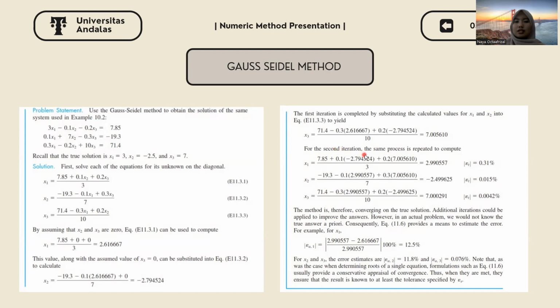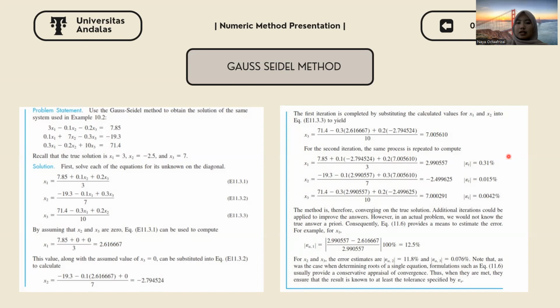And then for the second iteration, in the Gauss-Seidel method we have to use iteration until the error is less than 0.5%. So we can get the error, and the error is small.